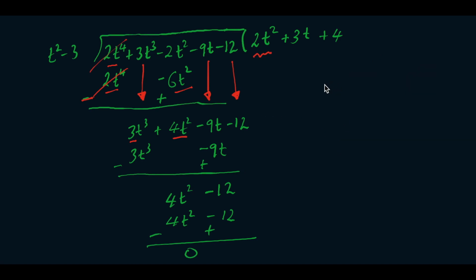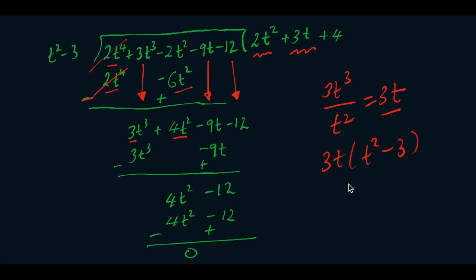Again we will do the same thing, 3t cube divided by t square. So we get 3t. So we multiply by 3t. So 3t times t square minus 3 will give us 3t cube minus 9t. So we write it here.